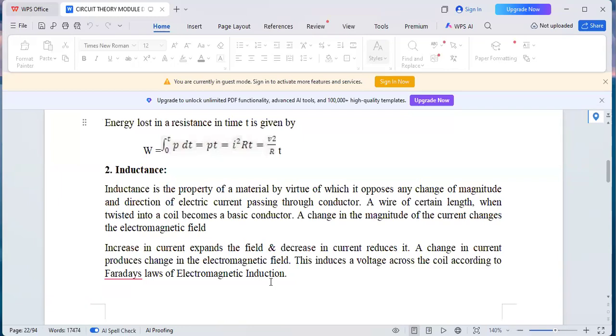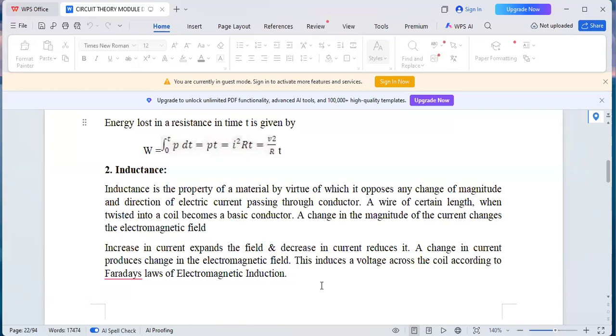So an inductor is an electronic device that converts electric current into magnetic field, or electromagnetic field, let's say so. So increase in current is directly proportional to increase in magnetic field, and reduction in the current reduces the magnetic field.